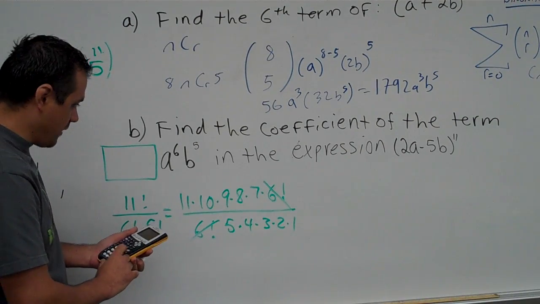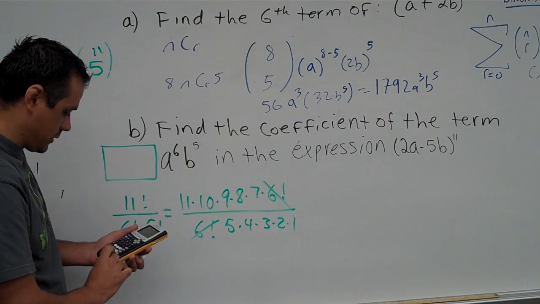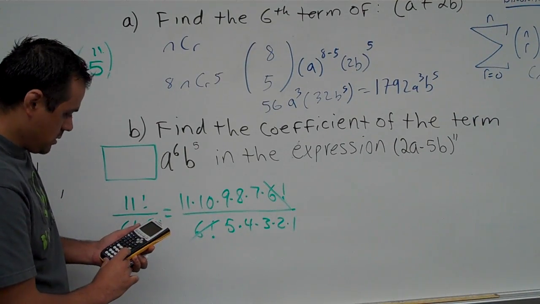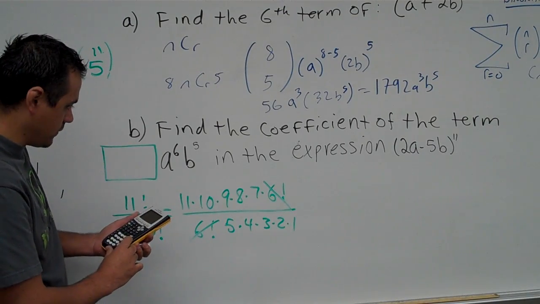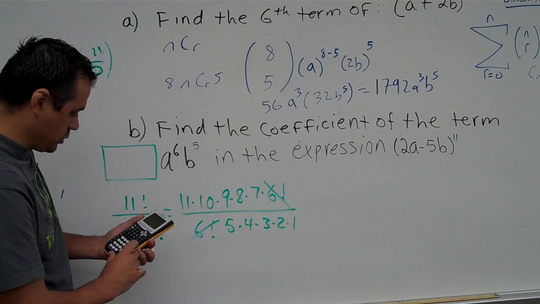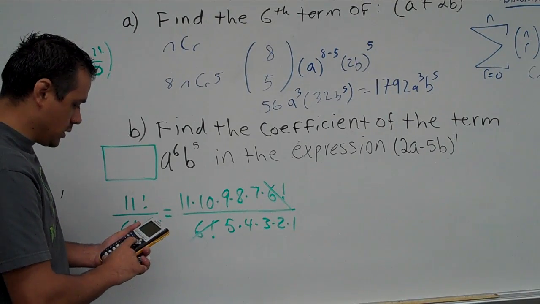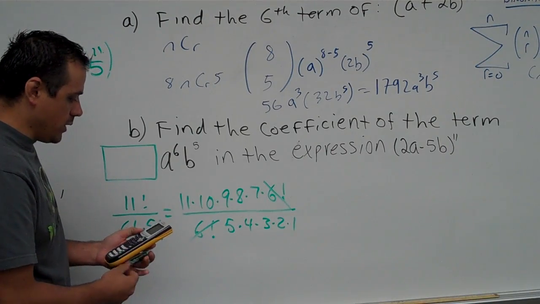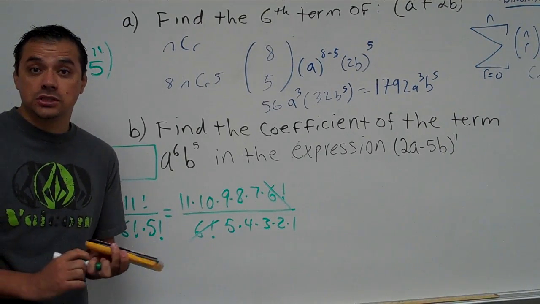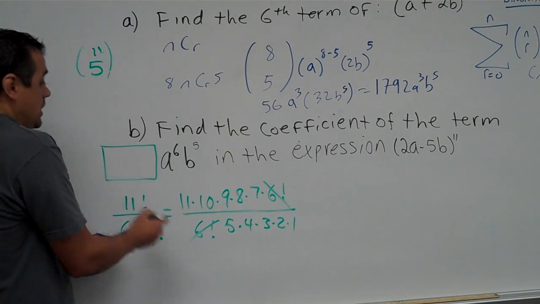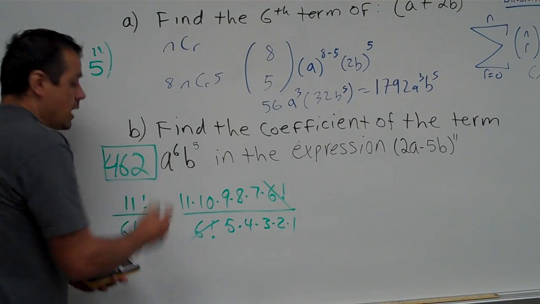Actually, like Mr. McCaffrey said, you could use the calculator for all this hairiness, but it's a matter of what you prefer, I guess. 3 times 2 times 1, close the parentheses, and we end up with 462. So my coefficient is 462, right?